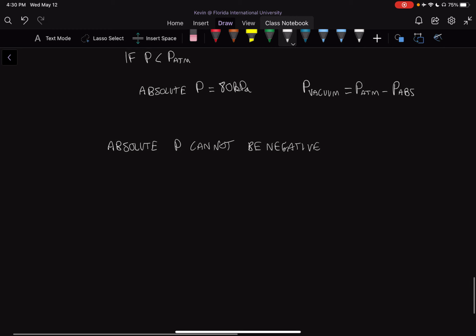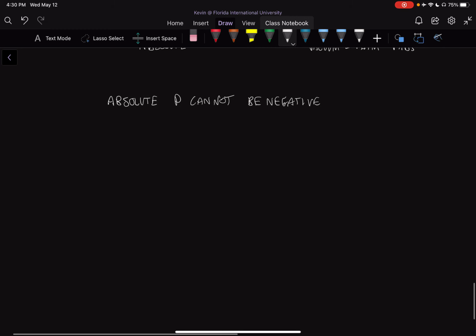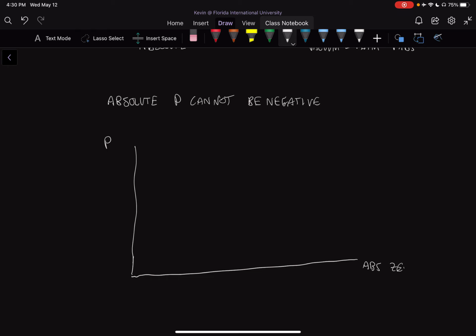And I like to use a little diagram to illustrate how pressure readings work essentially, and I use the same in thermodynamics as well. So if we have pressure versus the absolute zero, okay, so this would be the absolute zero pressure, and atmospheric pressure is somewhere here, so that would be equal to 100 kilopascals.